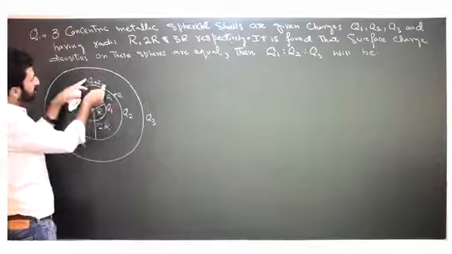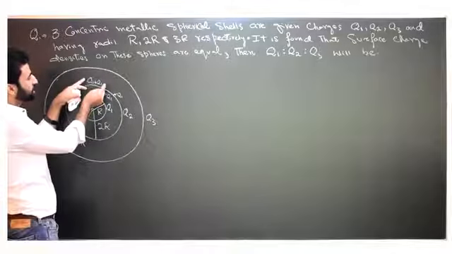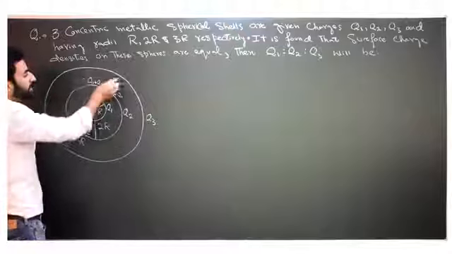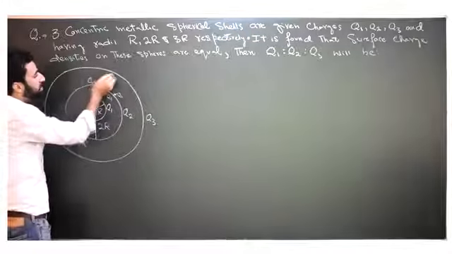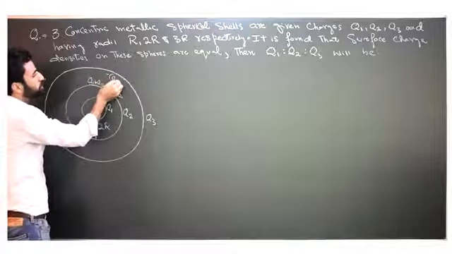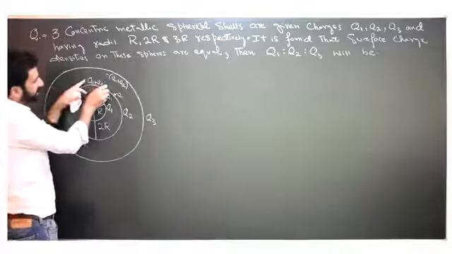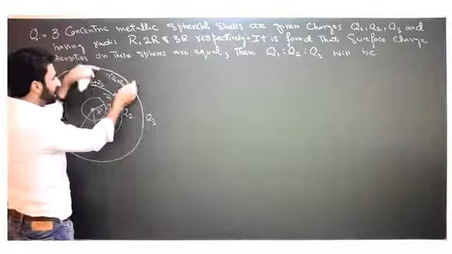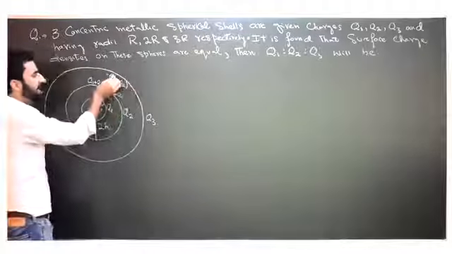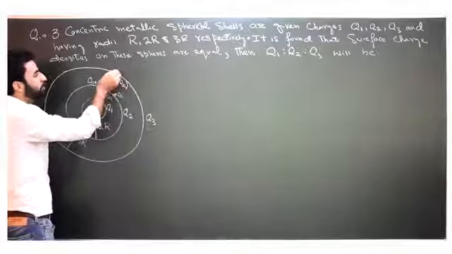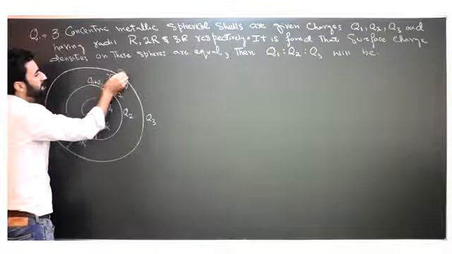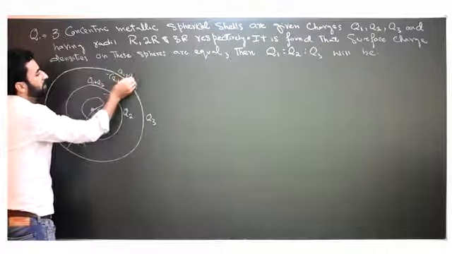So this charge q1 plus q2 will induce a charge minus (q1 plus q2), equal in magnitude but opposite polarity, on the inner side of the third shell, and a similar magnitude of charge will be induced on the outer side of the third shell.